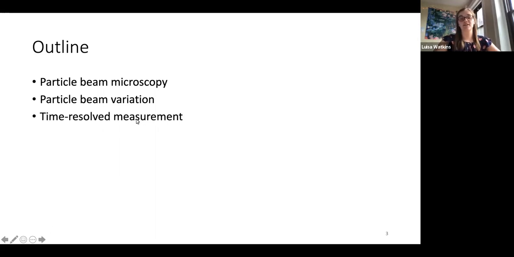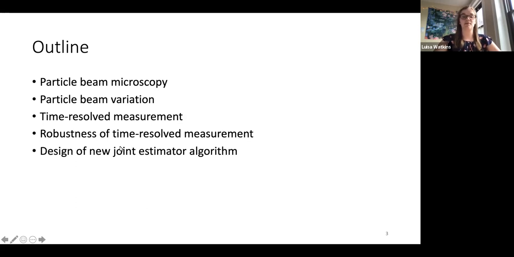Then I'll be talking about a specific type of measurement called time resolved measurement that is used in the scenario of particle beam microscopy, also the robustness of this measurement to the variation of the beam. And then I will talk about the main component of my project, which is the design of a new joint estimator algorithm, which I'll explain in more detail later. And lastly, I'll be going through simulation results of how this algorithm performed.